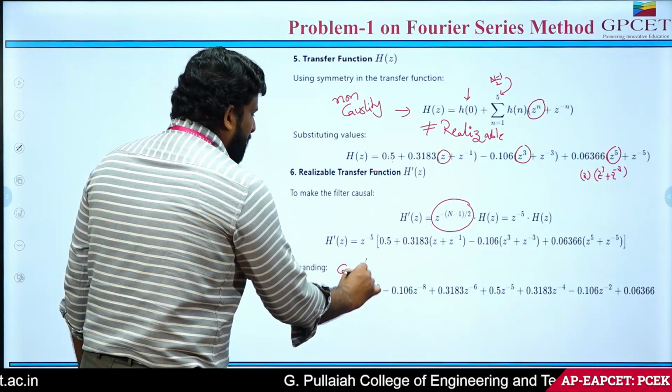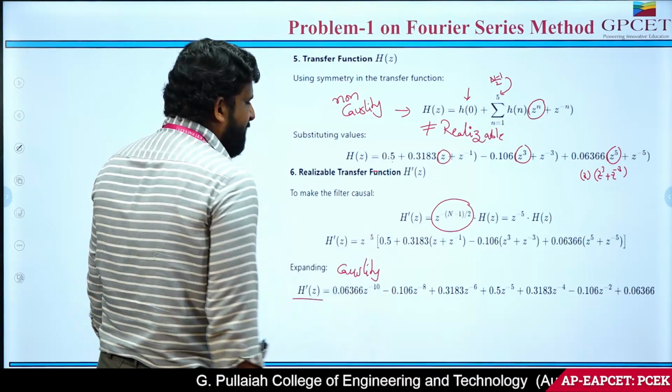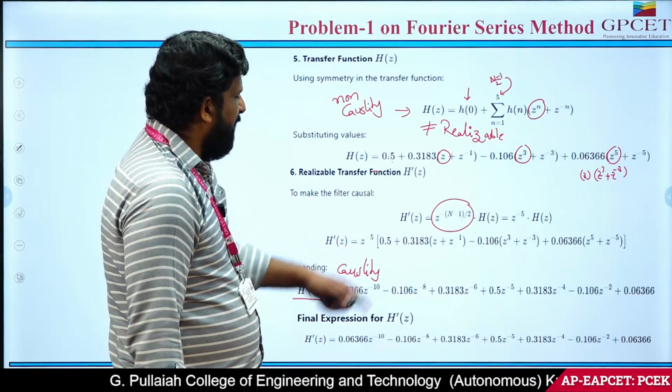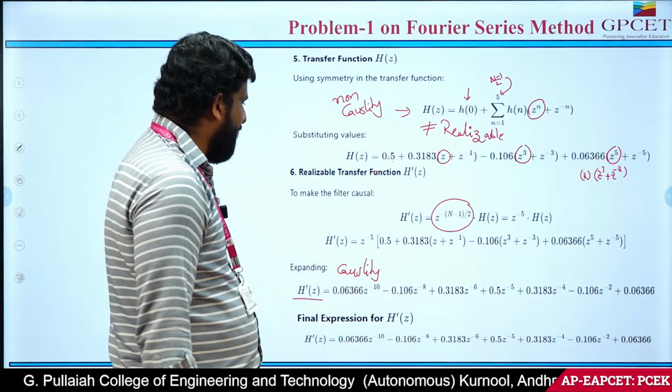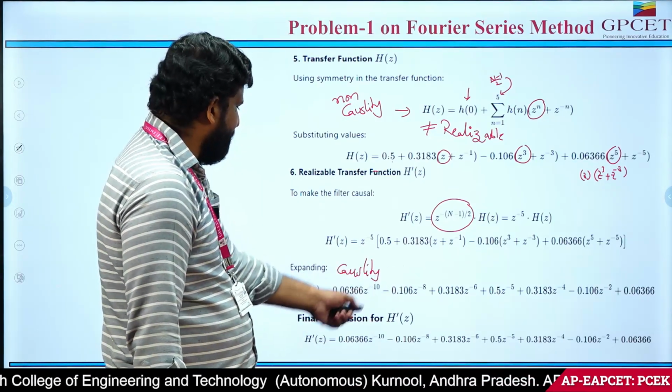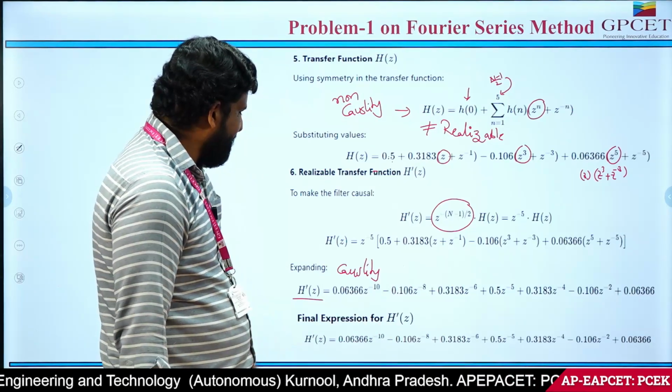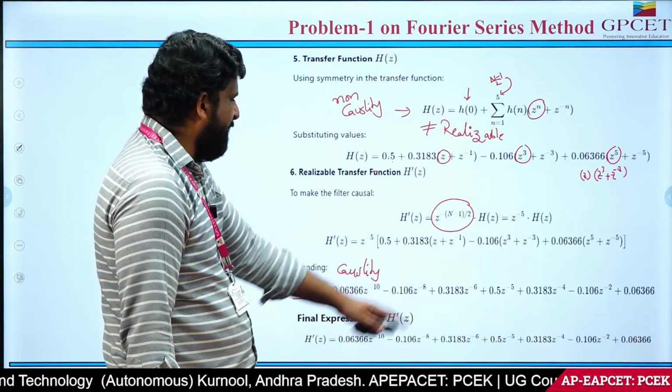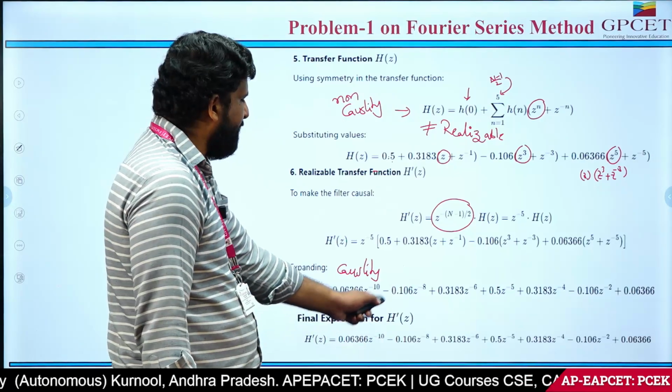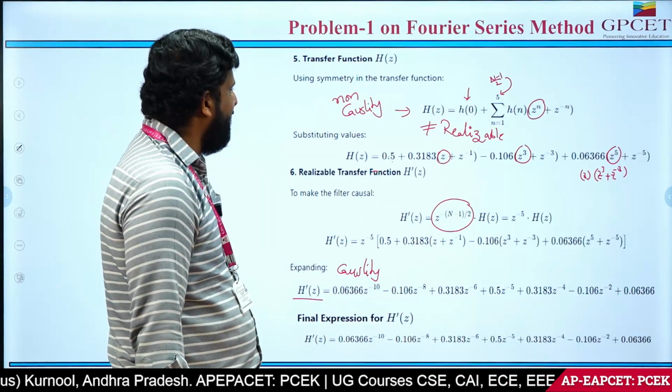So with the help of this particular equation, it is very easy to realize the FIR filter without having any positive power terms. This is the finalized equation we got, which is in causality mode, and we can realize this to design the FIR filter.